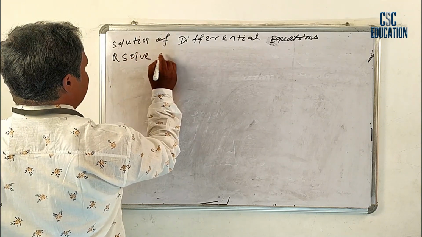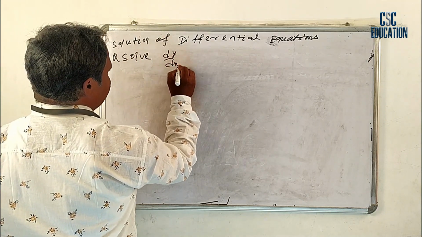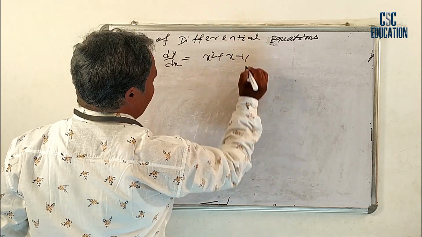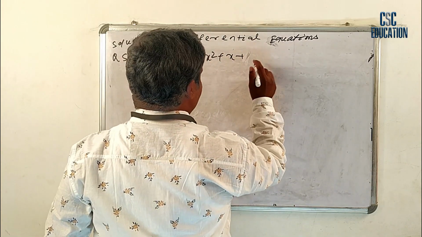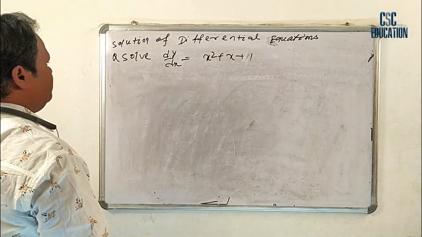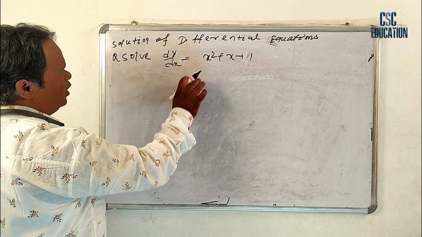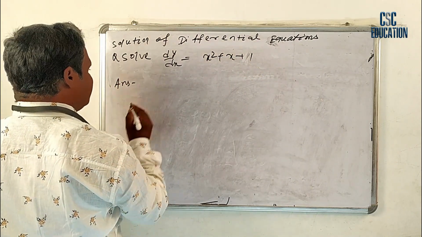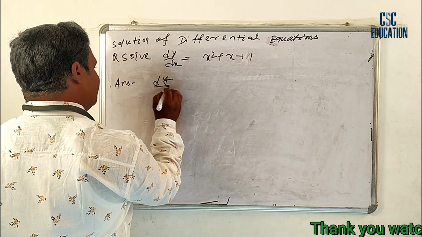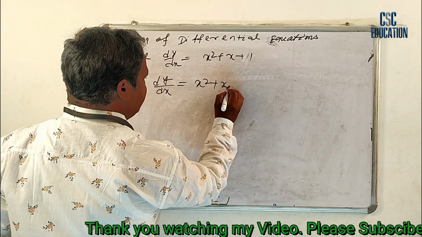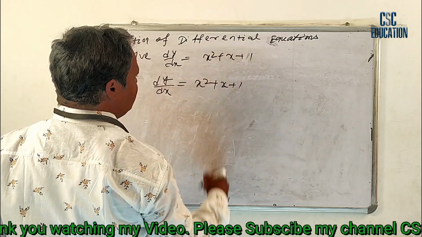Suppose dy by dx equals x square plus x plus 1. Firstly, this is your question: dy by dx equals x square plus x plus 1.